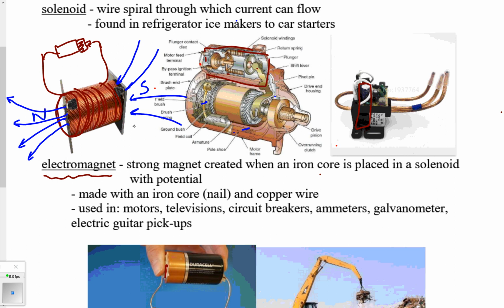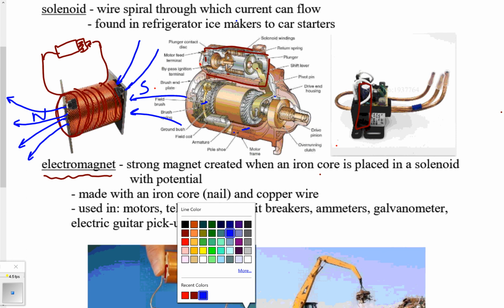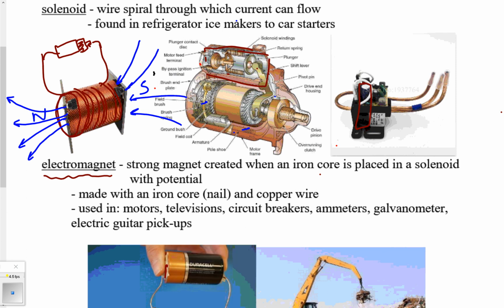Now that's useful for us because if you got a bar magnet with a north and a south pole near this, since you've got opposing poles, this bar magnet would be pulled into the solenoid. So that's how solenoids can be used as a switch. For example, we talked about the starter motor on the car, which uses a solenoid, this part up here on the top.